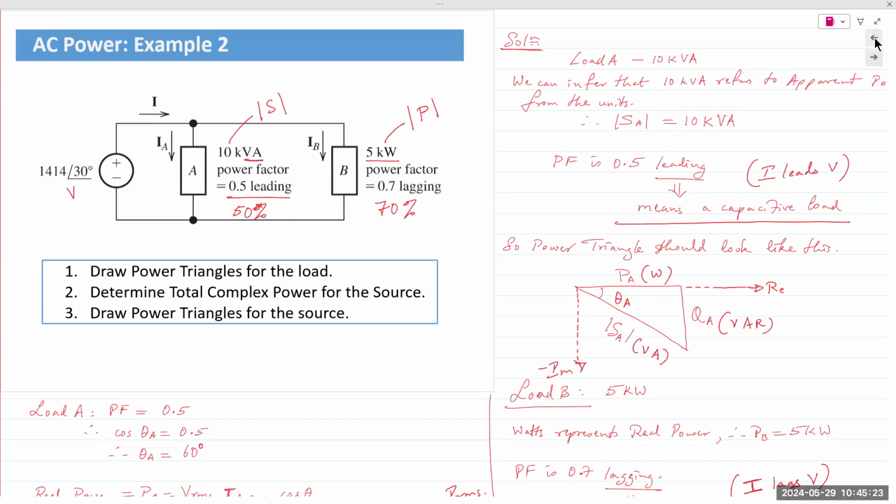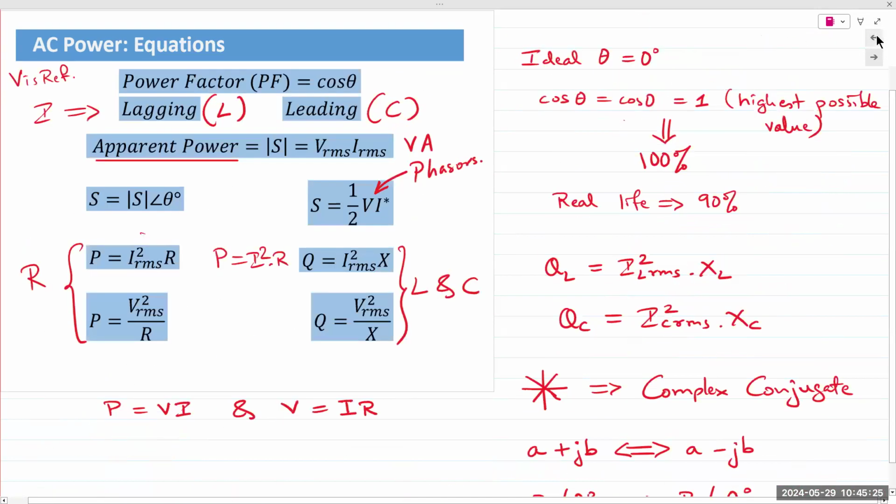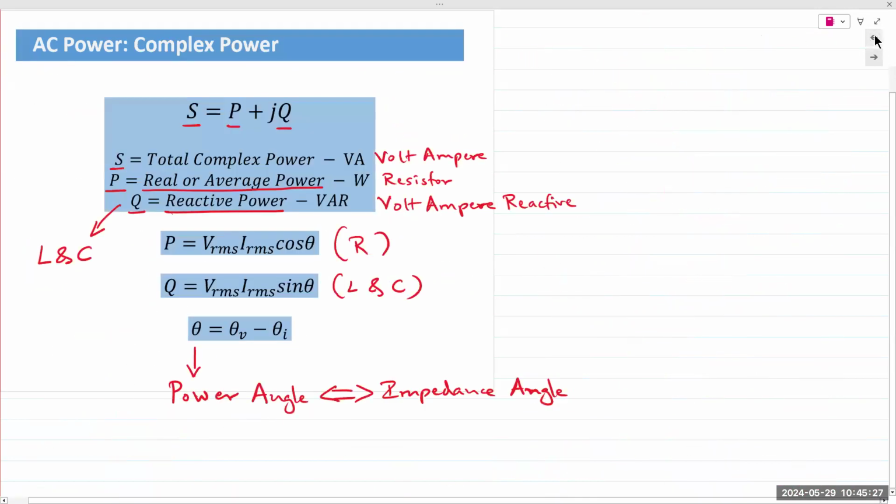Going back to this slide where we introduced the individual units. VA, volt ampere, denotes S, the complex power. W is for real power or average power, and VAR is for Q, reactive power.